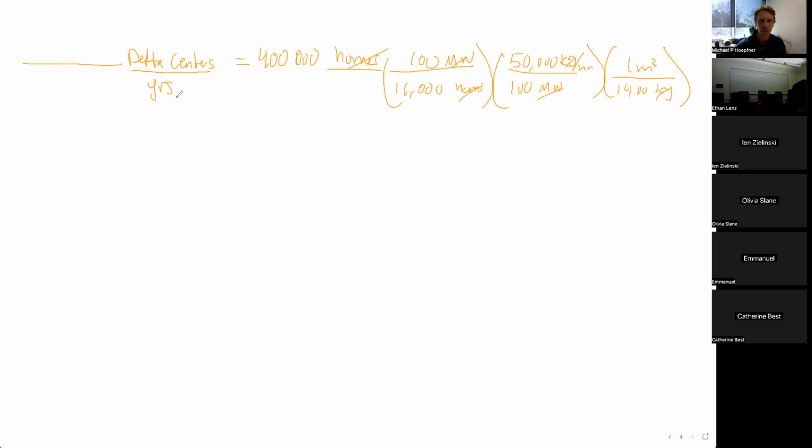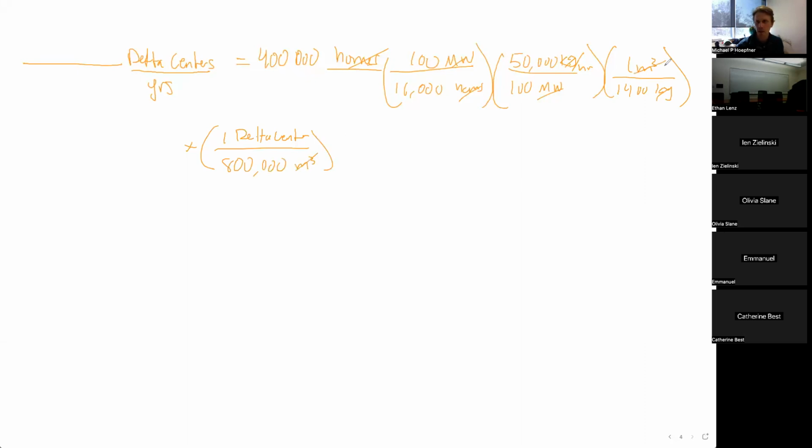I need delta centers per year, so I need a time conversion and a volume conversion. The next step in my solutions is that 1 delta center is 800,000 cubic meters.